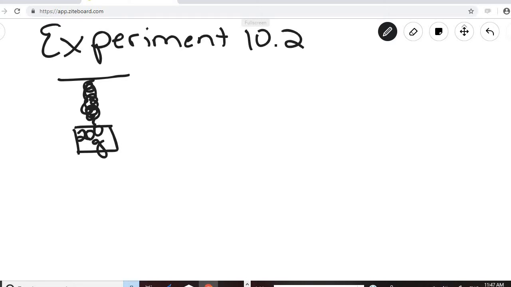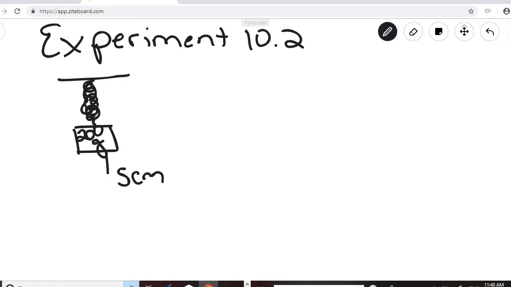And then what you would do in this experiment is that you would pull the spring down at different increments. So first of all, you would pull it down 5 centimeters and then let it go.